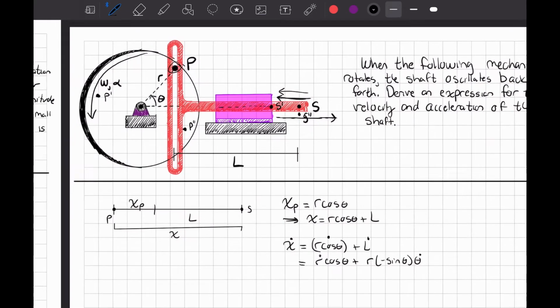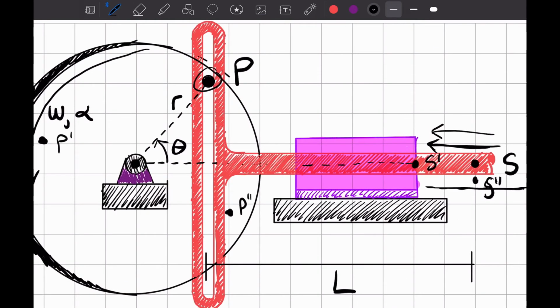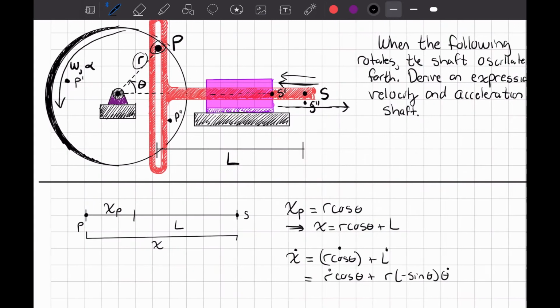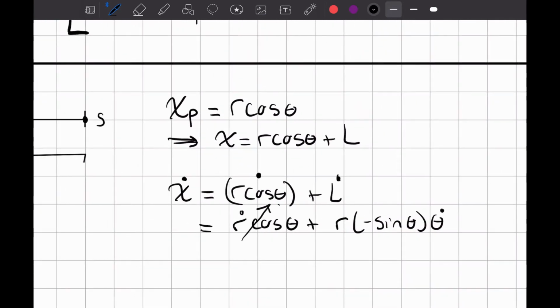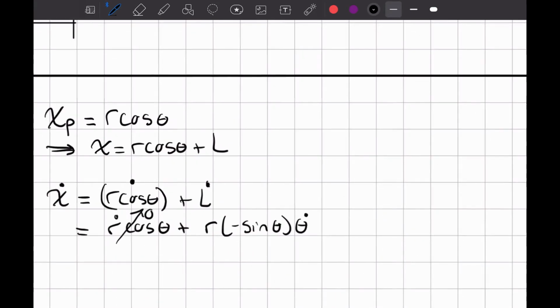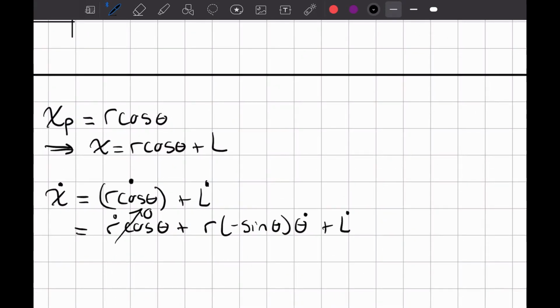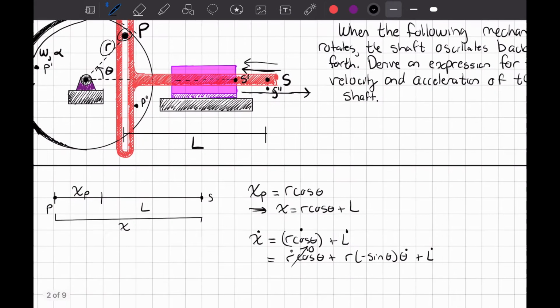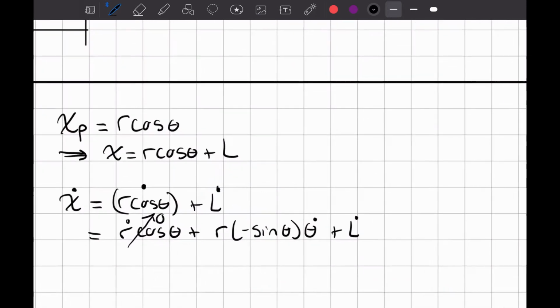However, we know that this radius value here, we are assuming that the disk is constant radius, so R dot is just going to be 0, so this entire term is 0. And likewise, L dot is not going to change. This horizontal portion of the shaft is not going to shrink or expand.